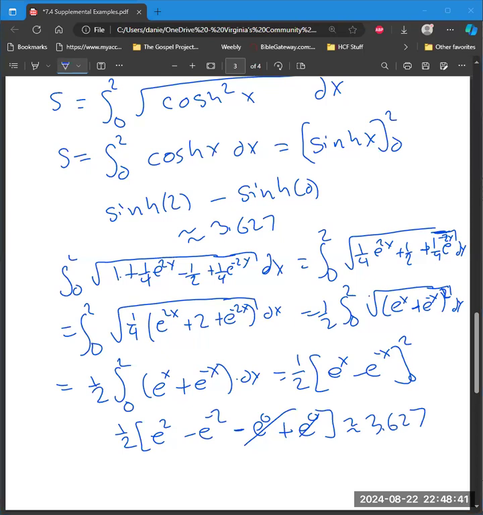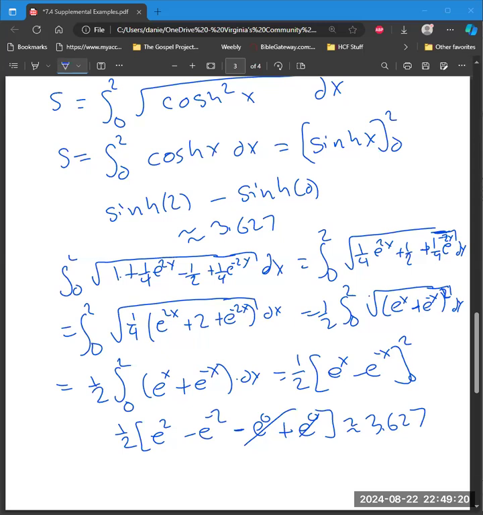0.5 times e to the second minus e to the negative second. There it is. And let's look here. You don't have hyperbolic trig functions here, so you have to go into catalog and look for it.